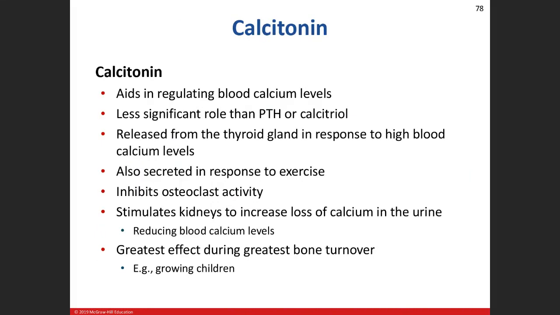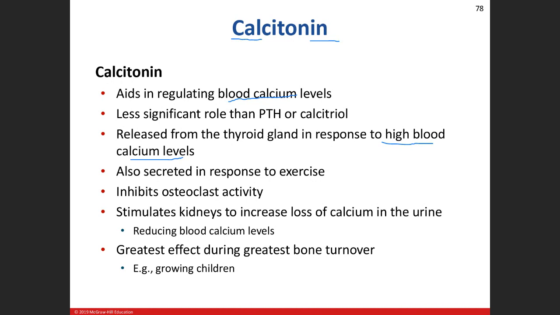So we learned about what happens when our blood calcium levels are low. Well, we've got hormones in our bodies for when our blood calcium levels are too high. I love the name of this hormone because I think of it as calcium going into stuff: calcitonin. When we have high blood calcium levels, cells in the thyroid gland will produce calcitonin.